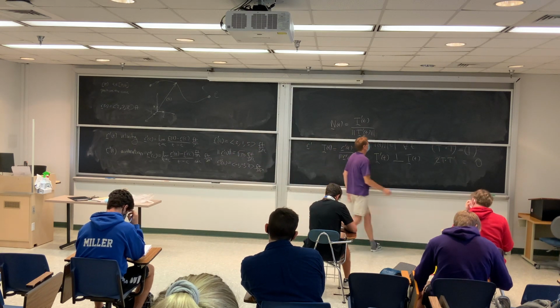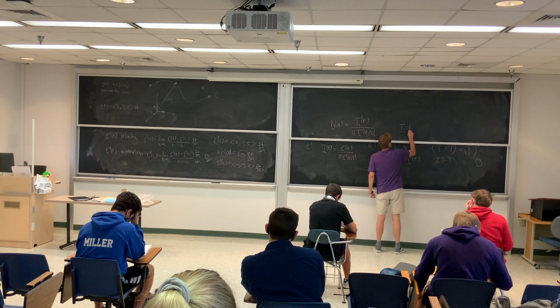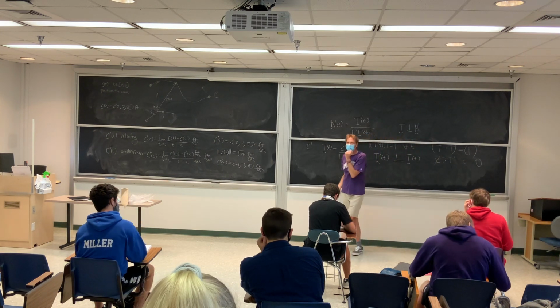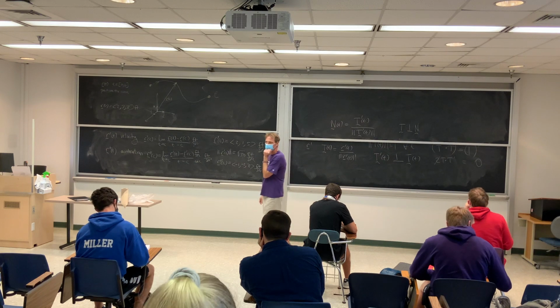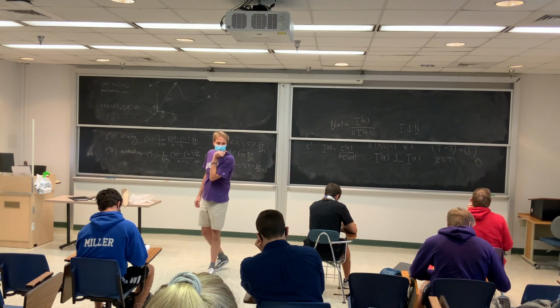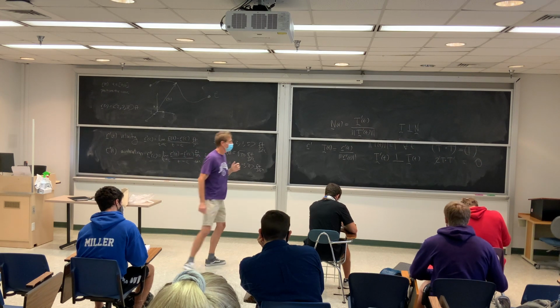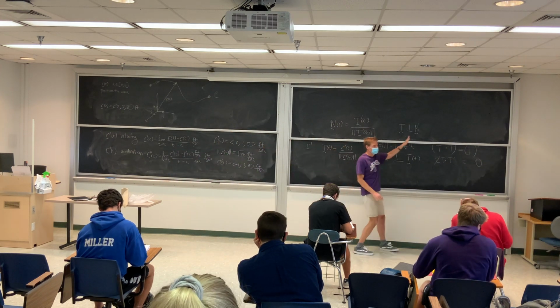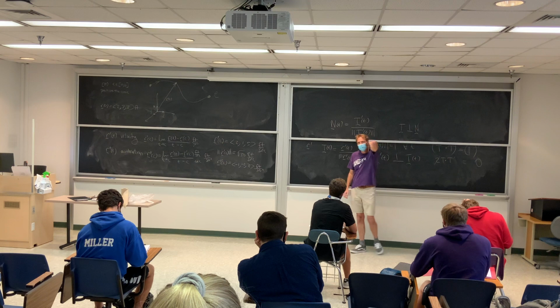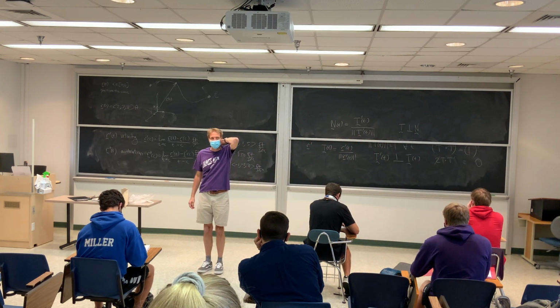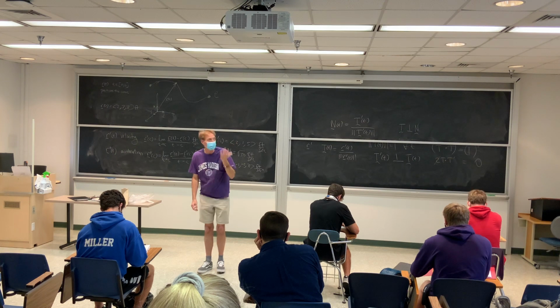So now I've got a vector T that's perpendicular to N, and then I want another vector that's perpendicular to both of those. How could I get another vector that's perpendicular to both of those? Cross product. And so that's what we do.